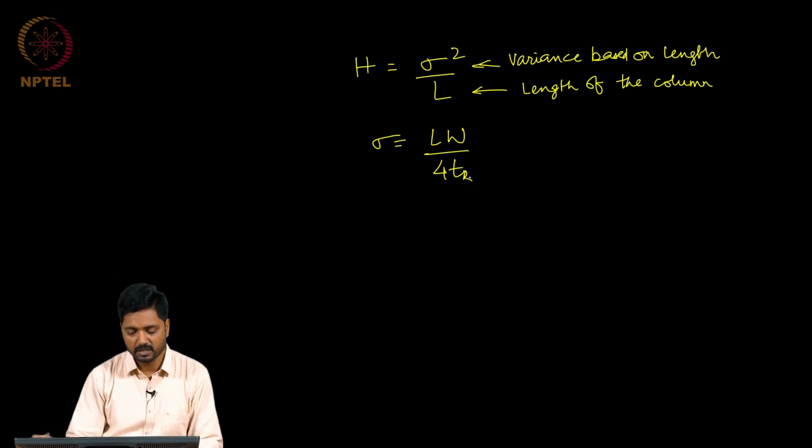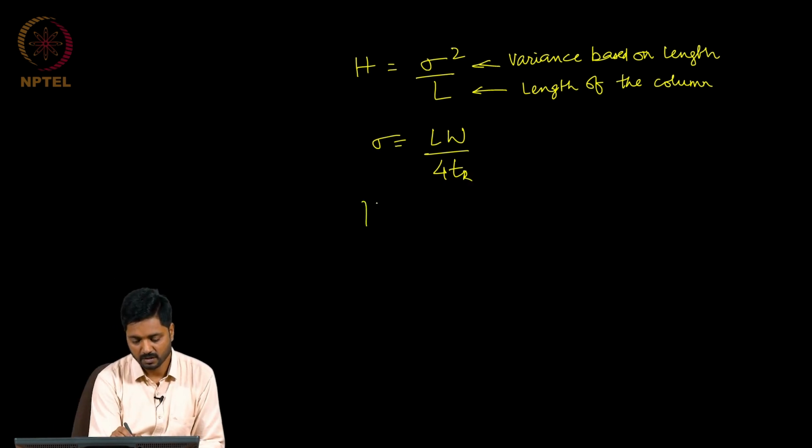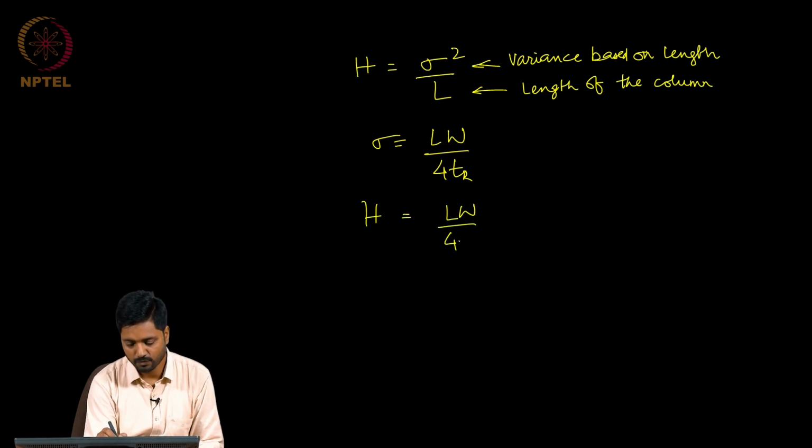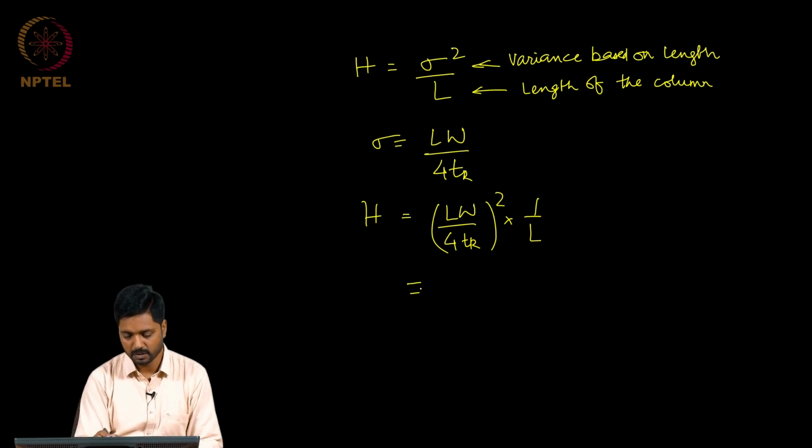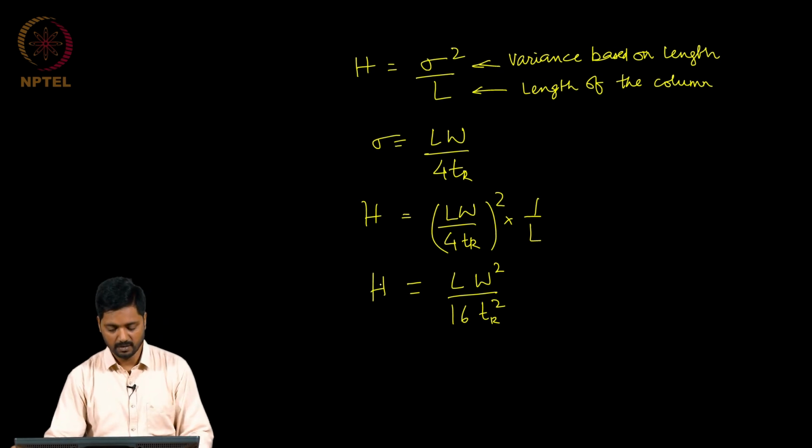When we insert this into this equation, we have h is equal to (LW by 4 TR) squared into 1 by L, and this solves out to LW square by 16 TR square. That is the height of the theoretical plate.